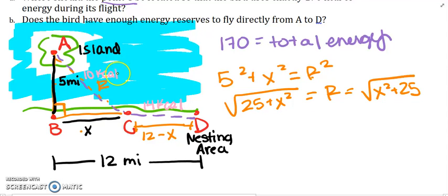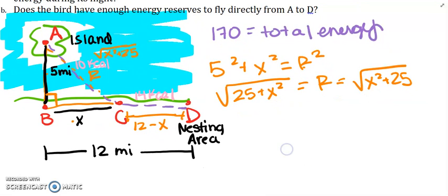So 10 kilocalories is the energy, and the distance is the square root of x squared plus 25. We don't know what x is, so we can't finish solving. But we found both distances and both energies. So we know we need to take 170 total, 10 for each bit of this, and 14 for every bit of this.